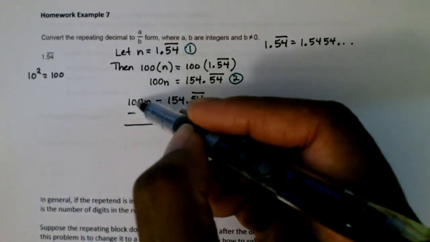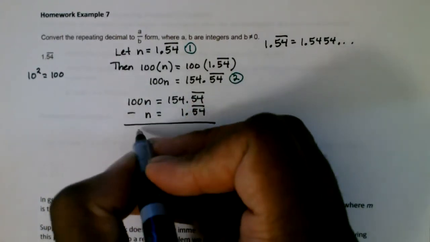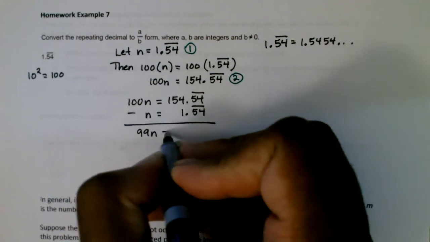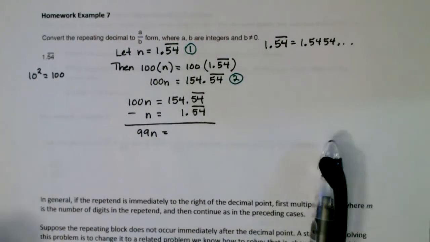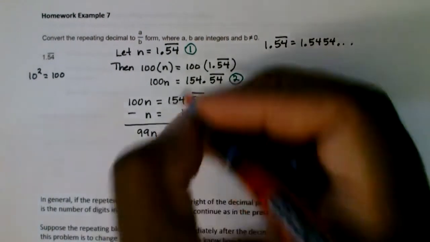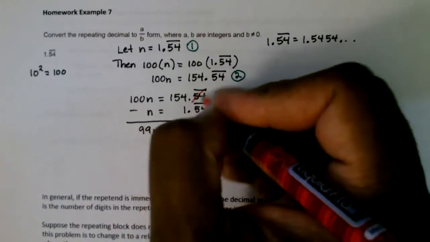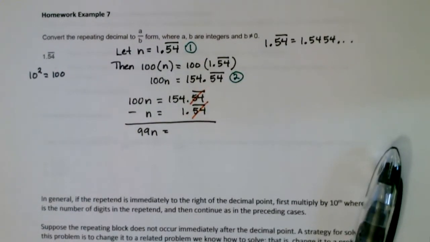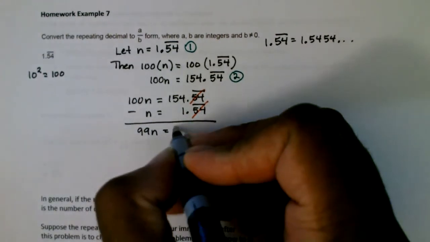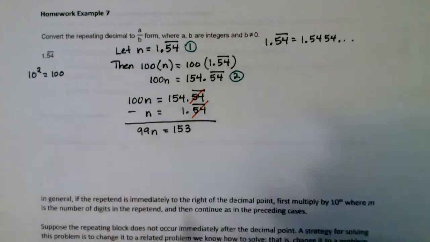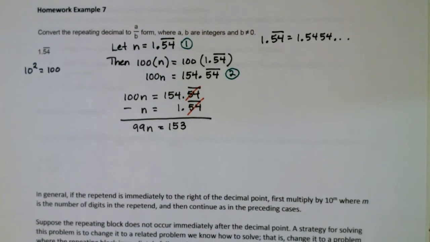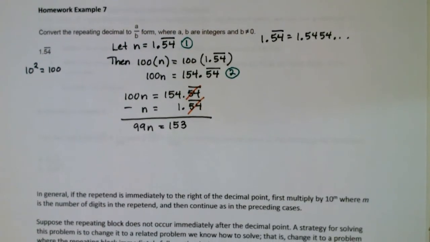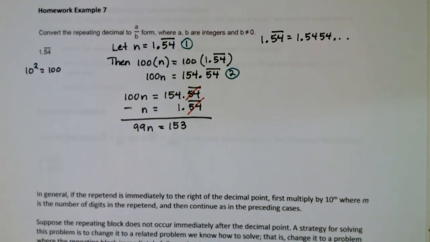If I do 100n minus 1n, that's 99n. That's equal to, again, when we subtract these two, the repeating part is gone. And 154 minus 1 is 153. So I have 99n equal to 153.